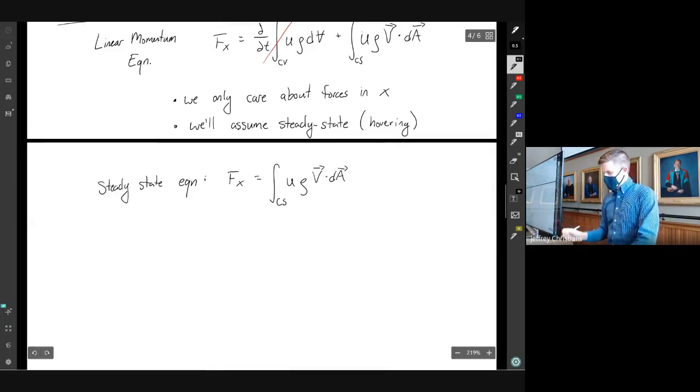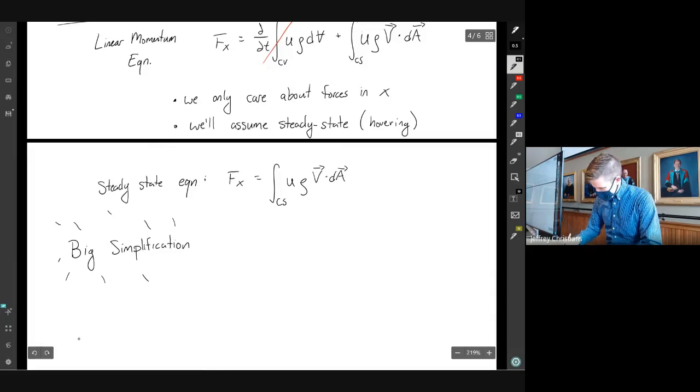Let's make another simplification that we're going to use a lot.